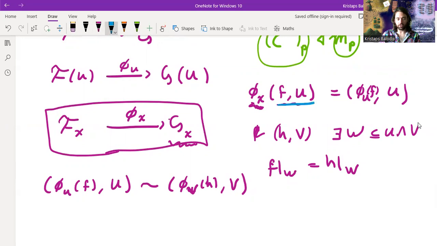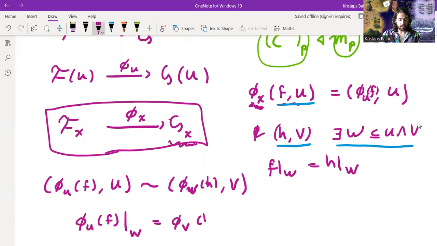I have a pair f and U, well, really an equivalence class determined by a pair, an equivalence class determined by some other pair, and I've supposed that I have a W in the intersection of U and V. Well, I've already supposed that I have that W. Maybe it's going to be that W, right? So what needs to be true? It needs to be true that phi U of f restricted to W is equal to phi V at h restricted to W, right?